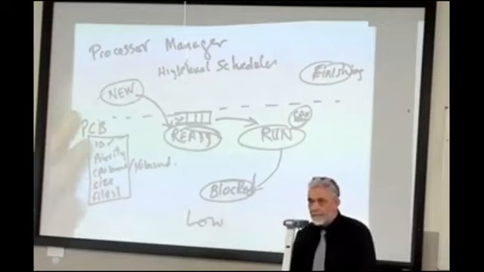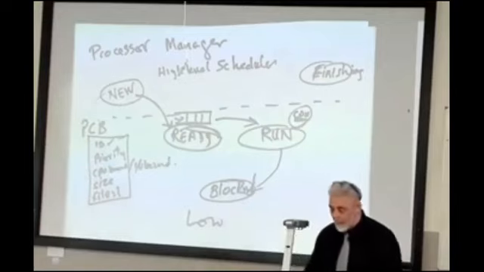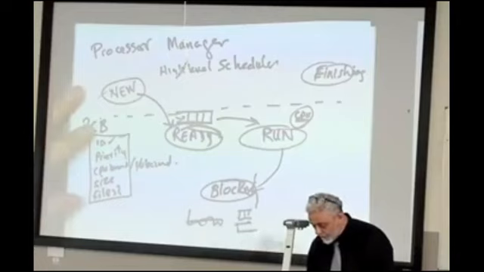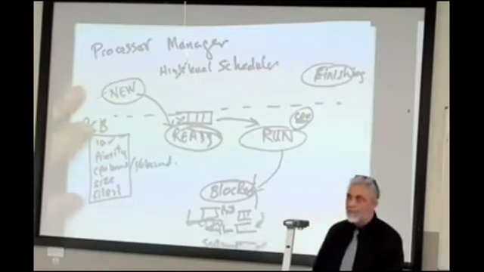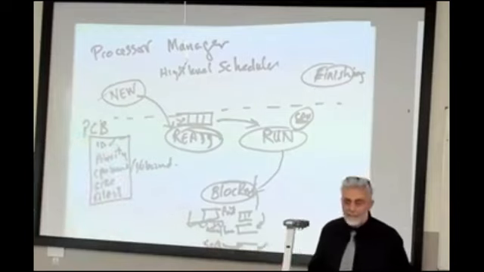Blocked state means this process is being blocked while work is being done on its behalf. And it's put into a queue. One of those queues, there'll be dozens of queues. There'll be a queue for a printer, or a queue for keyboard, or a queue for a scanner, or a camera. So there are lots of different devices, and each device has a queue. Maybe the queue is empty, it will be served immediately.